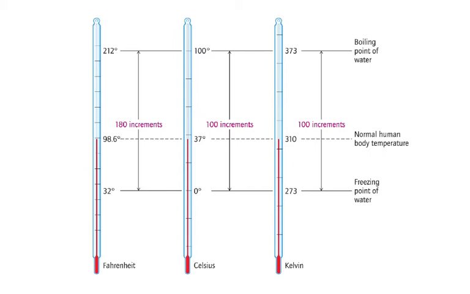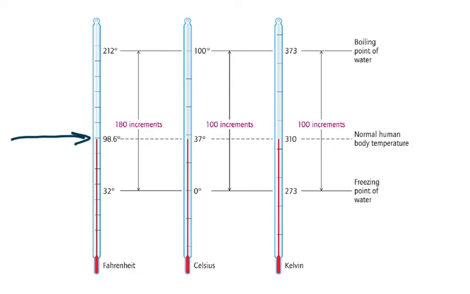So here, I like this. It's showing three thermometers all reading the same temperature, the same actual reality, but you see different numbers, right? So let's take a first look right here at normal human body temperature.